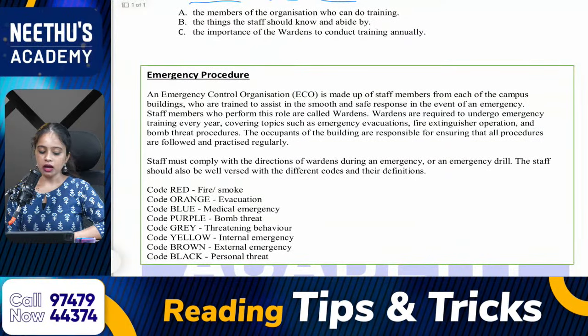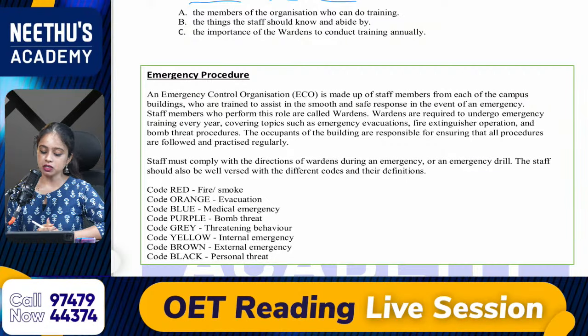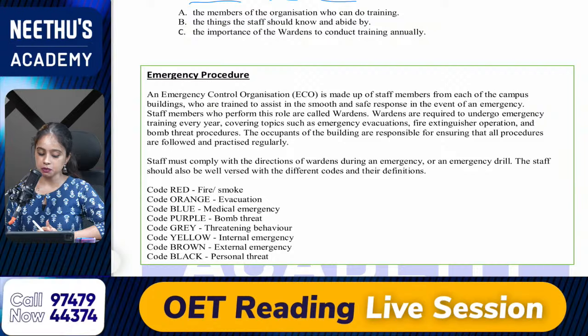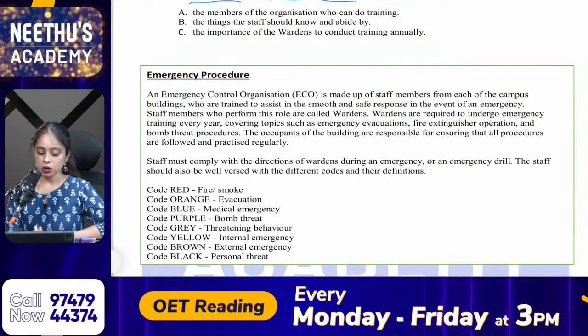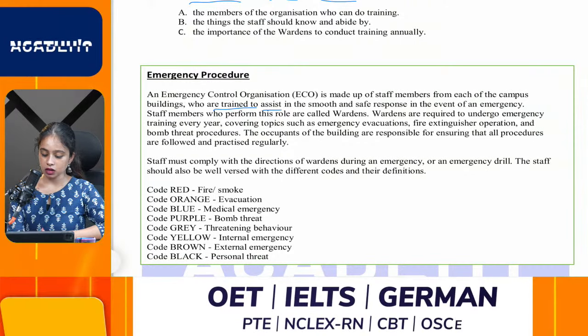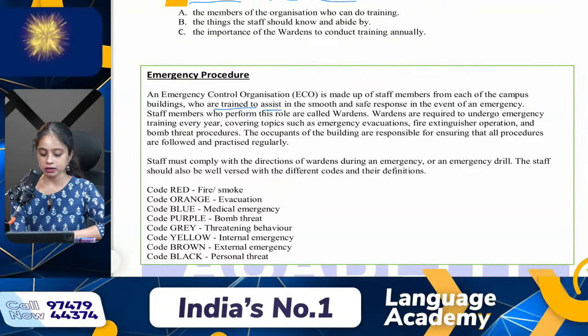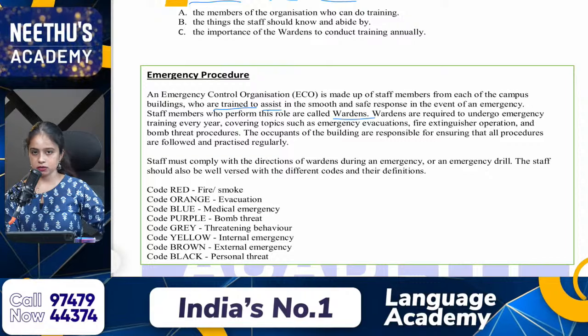An emergency control organization, or ECO, is made up of staff members from each of the campus buildings who are trained to assist in the smooth and safe response in the event of an emergency. Staff members who perform this role are called wardens.